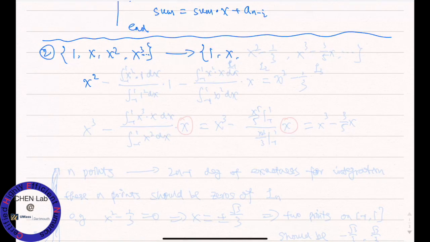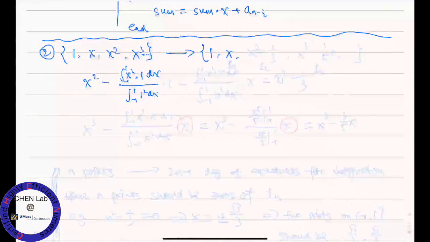You subtract its projection onto each of the previous ones. First, the projection onto 1: we take the inner product of x squared with 1 from -1 to 1, the integral of x squared times 1 dx, divided by the length squared of 1, the integral of 1 squared dx, and take that amount of 1.